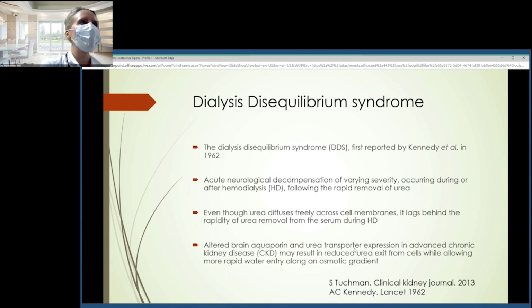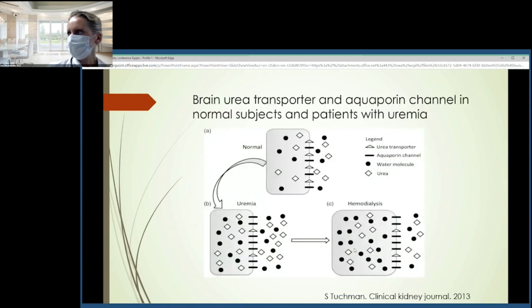But the urea channels are actually downregulated, so the crossing of the membrane is even slower. This picture shows the urea transporter in normal people, and then the aquaporin channels. Aquaporin channels let the water in and out, and urea channels are for urea. In uremia, as you can see, there are a lot of aquaporin channels, but there's no urea.